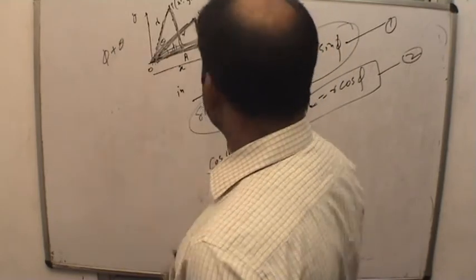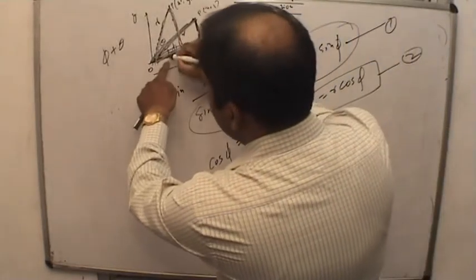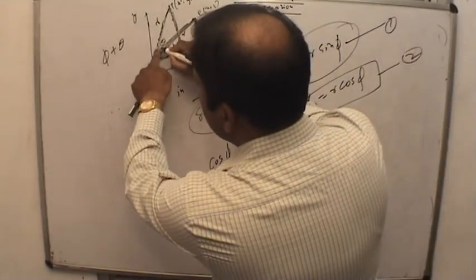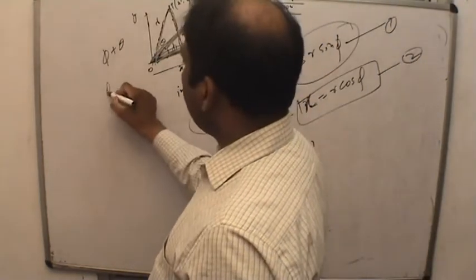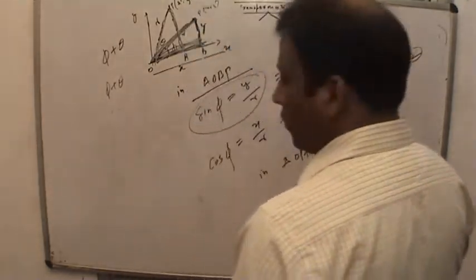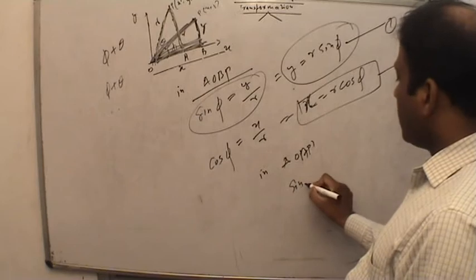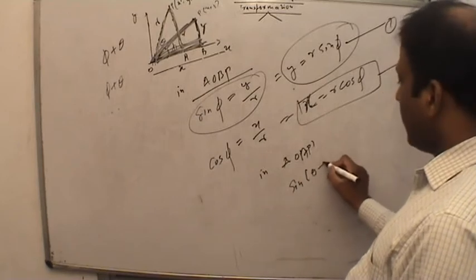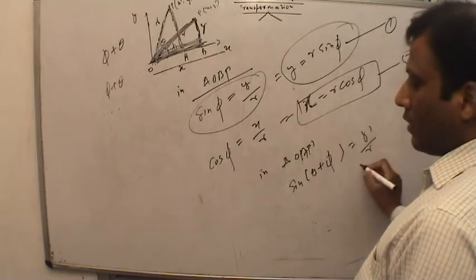The angle from here to here is phi and from here to there is theta. So the total angle of displacement is phi plus theta. When we apply the sine value, sine of theta plus phi is equal to y dash by r.